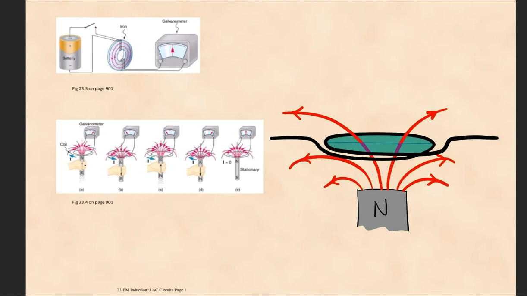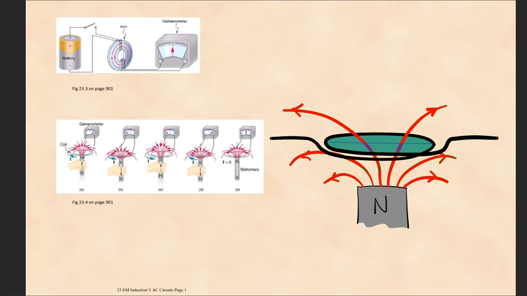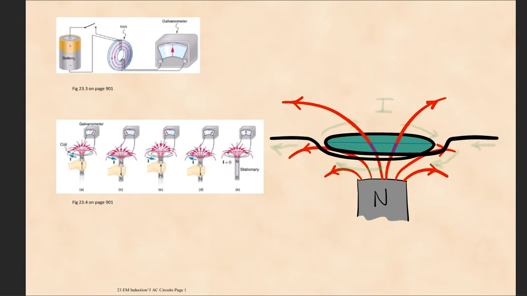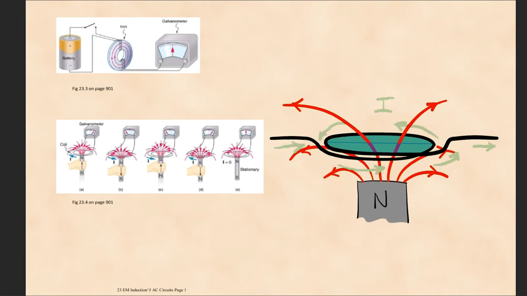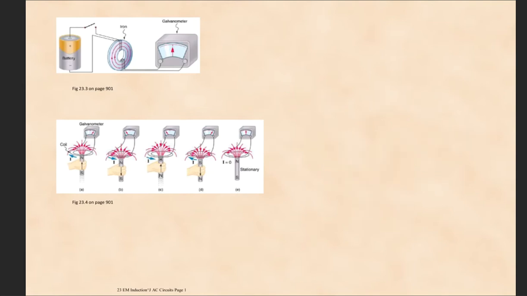What we'll notice is when we move the bar magnet in one direction, in particular up, current flows in this orientation. If we move the bar magnet down, current flows in the opposite rotation. If I flip the bar magnet and use the south pole, I get the opposite effect. When I move the bar magnet up, the current goes opposite the direction from when I was using the north pole moving up.